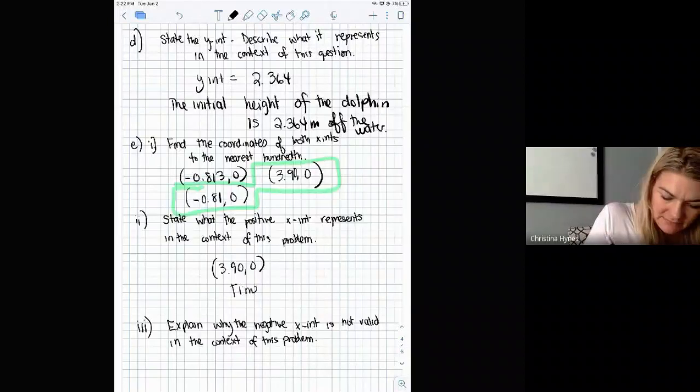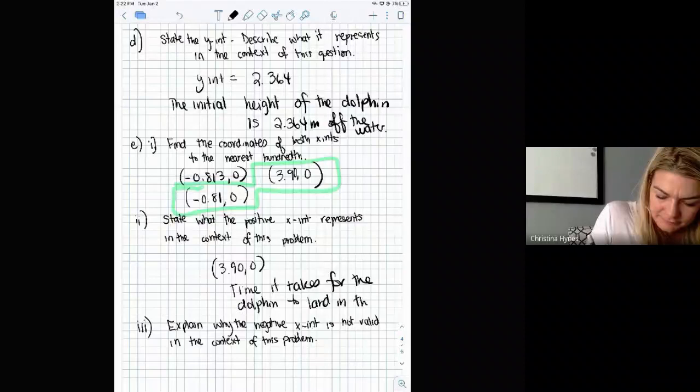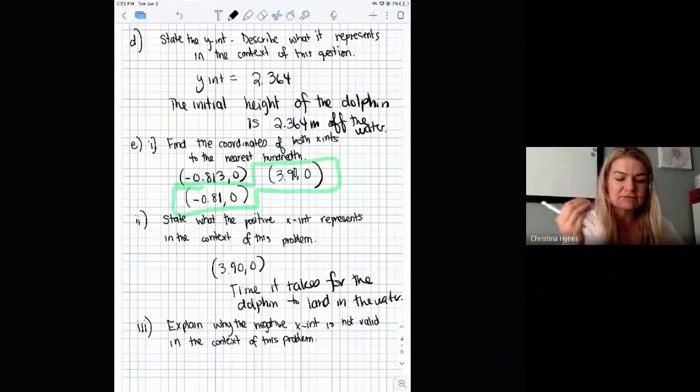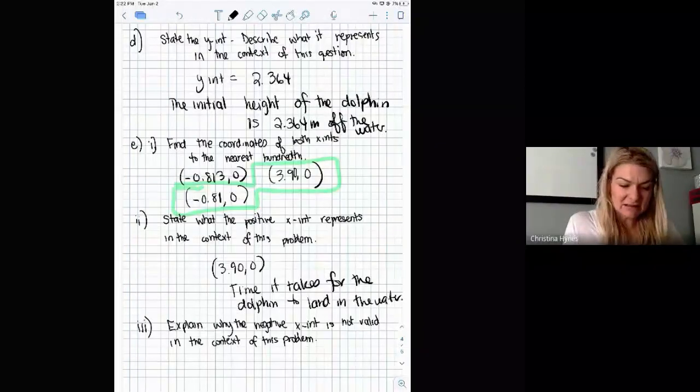The time it takes for the dolphin to land in the water. Okay, so that's what they're asking us. They want us to state what the positive x-intercept represents in this situation.